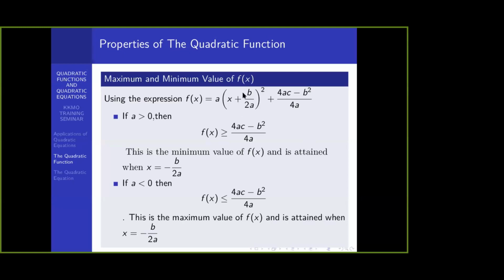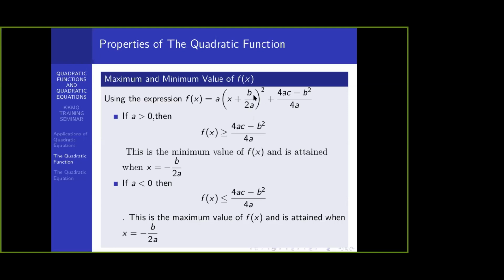Because otherwise, when a is negative, as x goes to infinity, this term grows in magnitude, it becomes large and positive, but since a is negative, that will make the whole term large and negative, right? So it will keep decreasing. And the highest it will ever be is when this term is 0. That is when x is minus b over 2a.